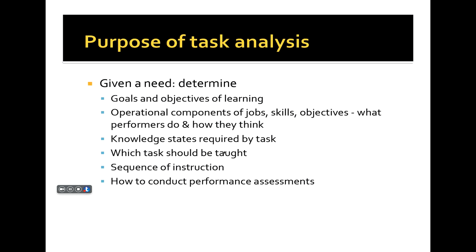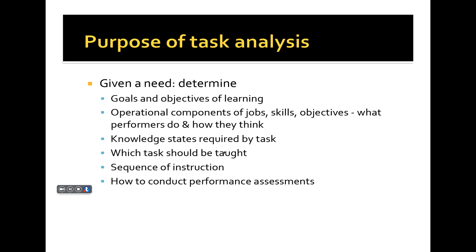If you're not able to identify how learners are supposed to think and perform, then it's unlikely, and I think David Jonassen would have used stronger language, that you'll be successful in the performance of your task analysis. The goals and objectives of learning are determined at the beginning, and then the operational components of jobs, skills, objectives, and what the performers do and think are determined.